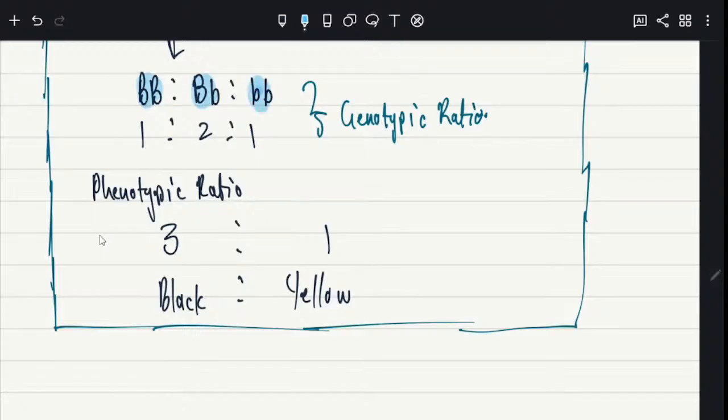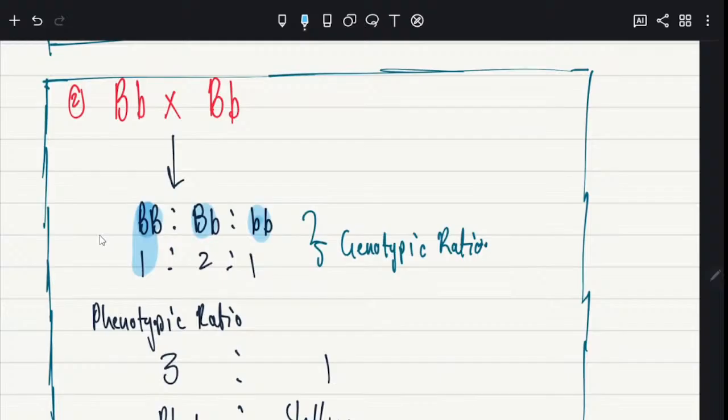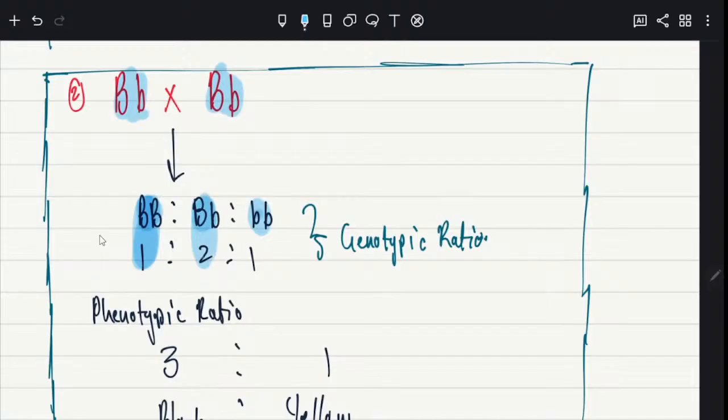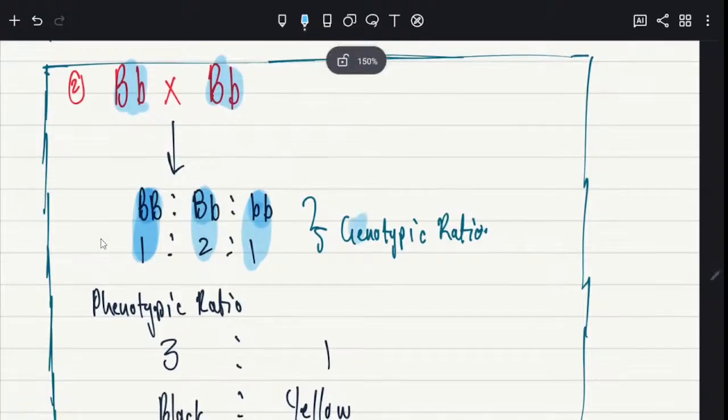You will see that when we crossed two heterozygous parents, we got one that was homozygous dominant. We got two that were heterozygous. And we got one that was homozygous recessive. These were the 4 things we got. Now, the genotypic ratio for this is 1:2:1 in this order.